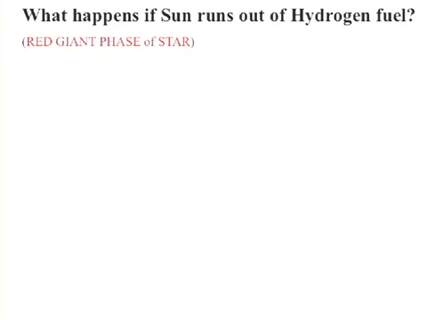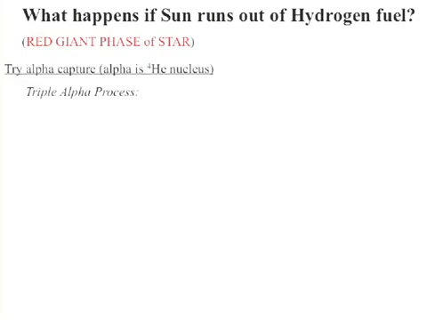All right, first, the process is called the triple alpha process. The hydrogen is going to be gone, and the star is then going to try to burn the helium. Helium doesn't want to burn. It burns a little bit, but it's very hard to make it burn, so let's see what is involved.